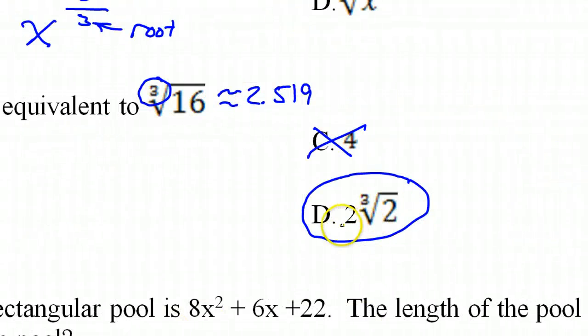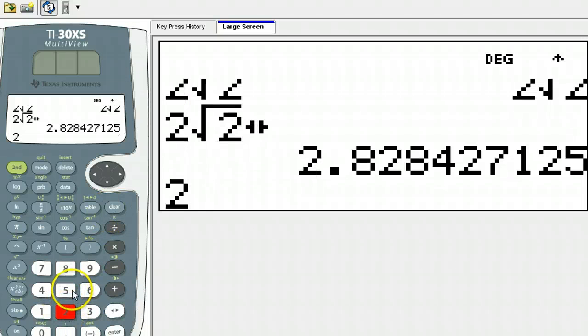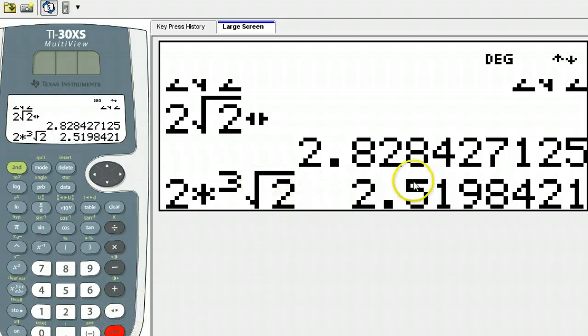Now let's test that one out. D is 2 cube root 2. So let's do 2, and then I better do times. Now for the cube root, I have to do 3, and then I'll have to hit second caret. So there's cube root 2. So 2 times the cube root of 2. If I hit enter, oh, look at that, 2.519.